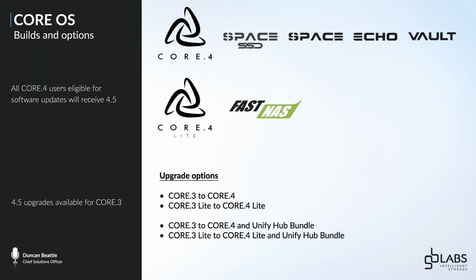If you're eligible for software updates, you will receive 4.5 as an update. And we have 4.5 upgrades available for anyone running Core 3 software, so the family of Core 3. Please get in touch with us. We can then help you through that process. So we've got options from 3 to 4 and 4 Lite. And then we've also got a bundle with Unify Hub. So if you want that cloud workflow, that Unify workflow, you can get the Unify license bundled with the Core 4, and there's actually quite a good cost saving on that as well.